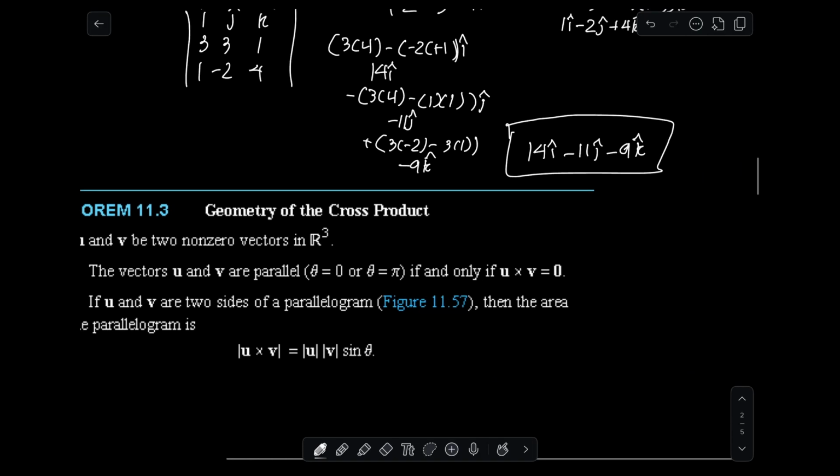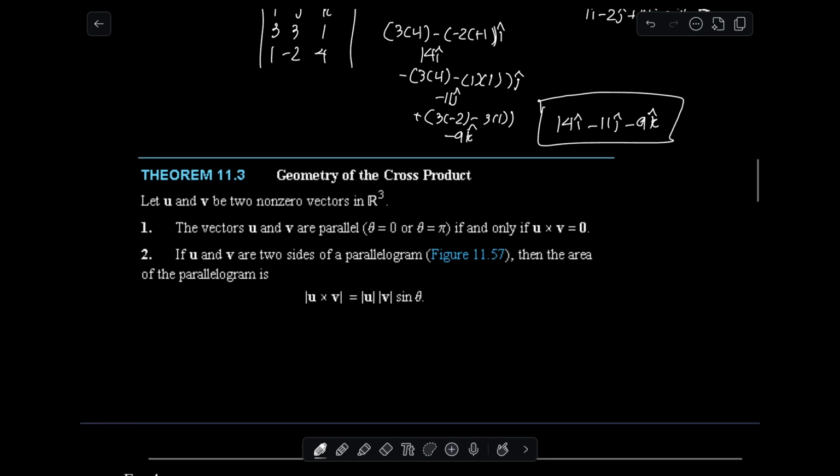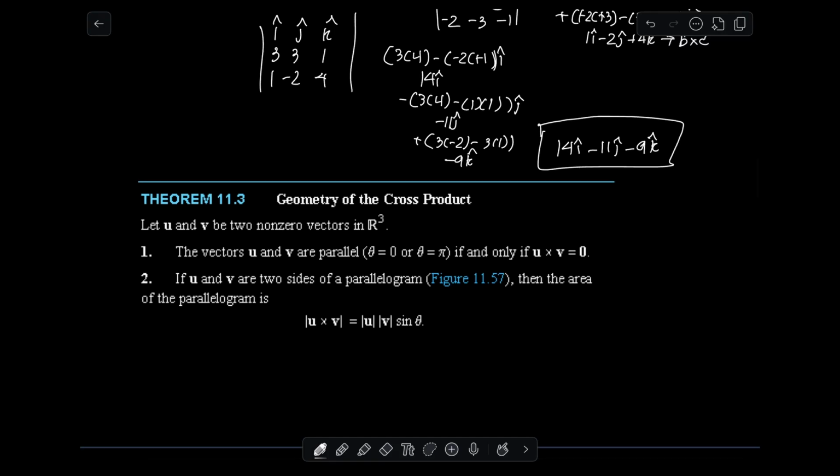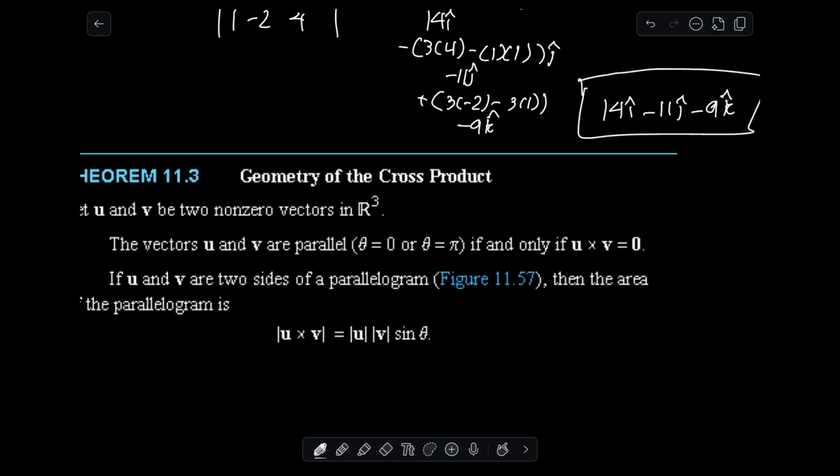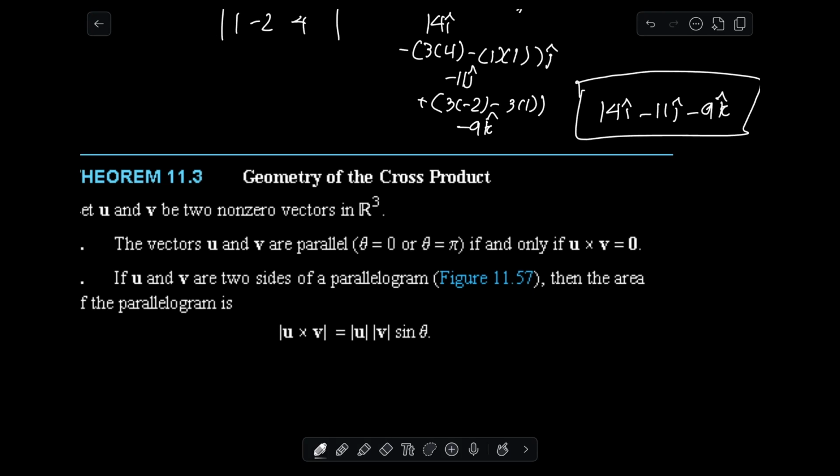And now we have another theorem that we're going to go over with respect to the geometry of the cross product. So like we mentioned in 11.1, 11.2, when we were working with how to solve for the definition of the cross product, or solving for tip to tail, adding up vectors, we can do that again in this example.